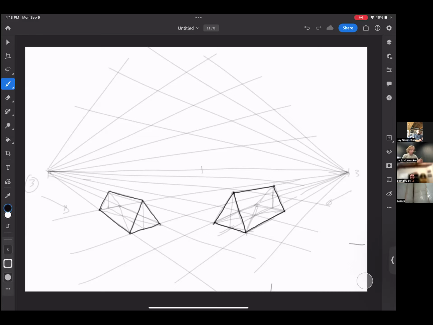Okay. Not surprisingly, exact same thing, a little bit above, a little bit below.